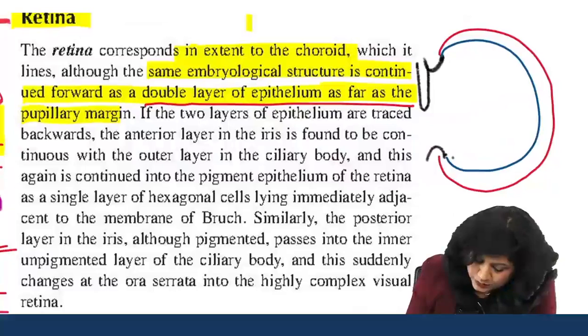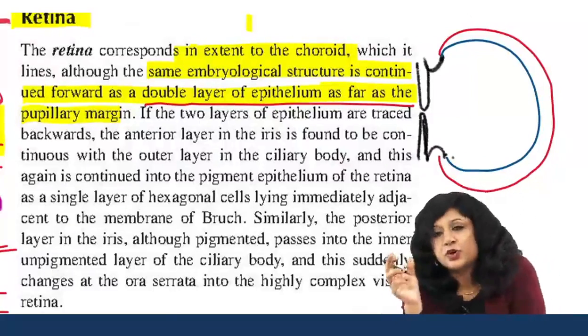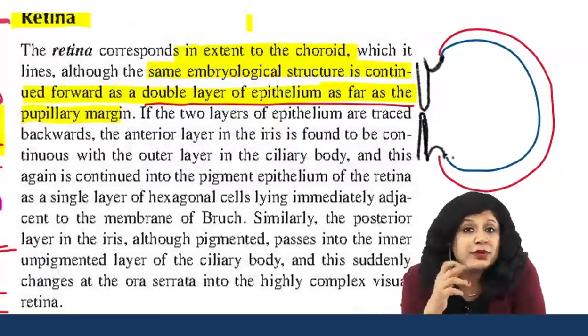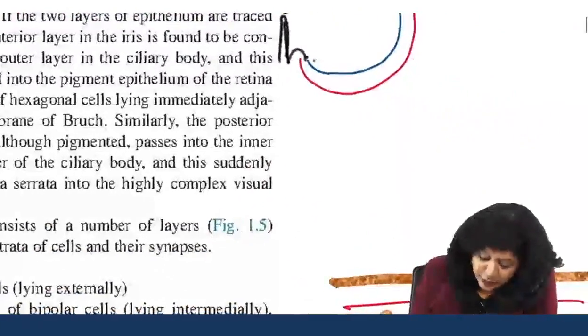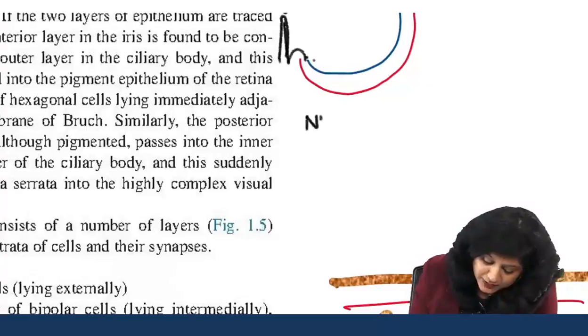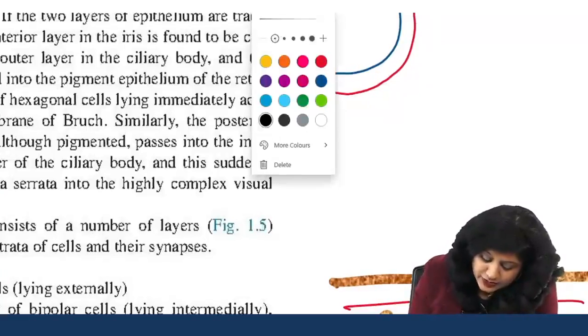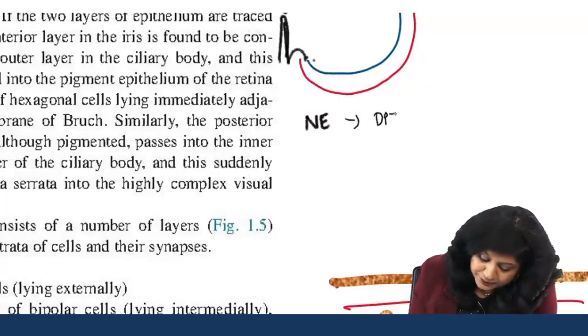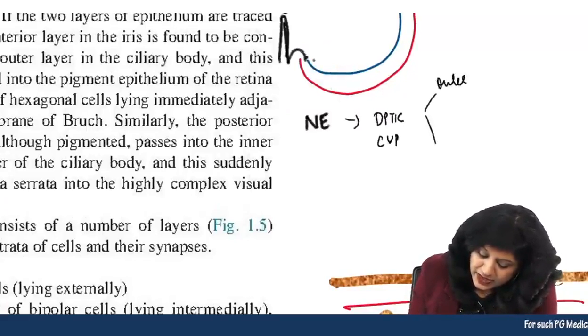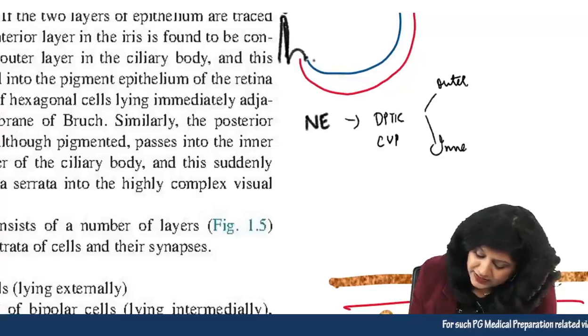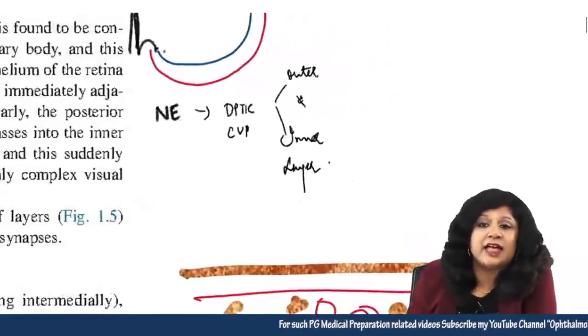So here the iris is also there. As far as the pupillary margin is concerned, as we discussed earlier, the neuroectoderm was forming the optic cup. Do you remember? The optic cup had two layers, the outer and the inner layer.